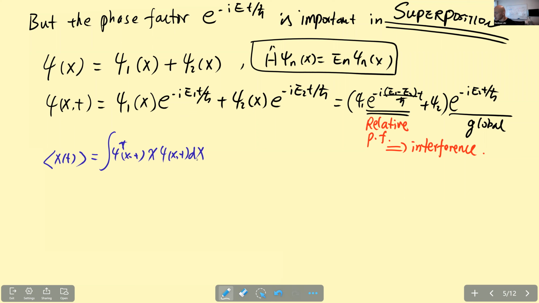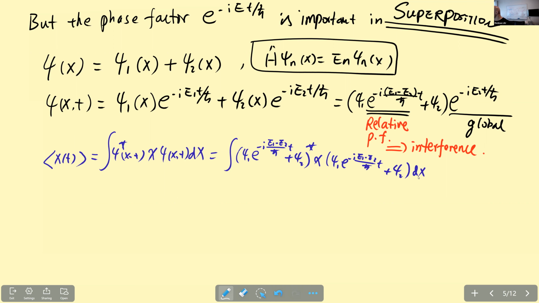So what you really need to care about is something like this: psi 1 e to minus i (E1 minus E2) over h bar times t plus psi 2, and take the complex conjugate, and x, and psi 1 e to minus i (E1 minus E2) over h bar times t plus psi 2, dx.